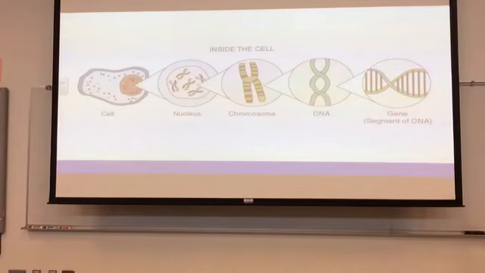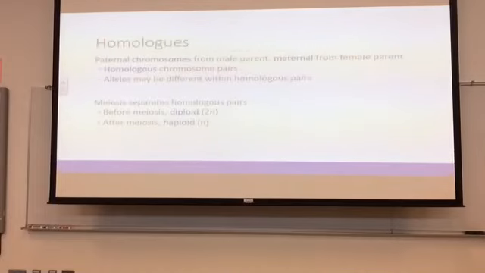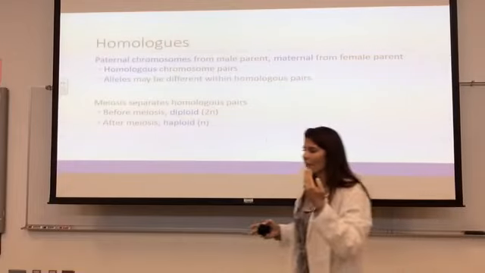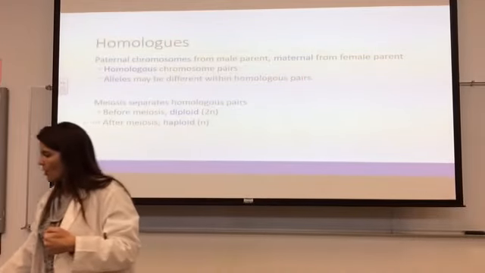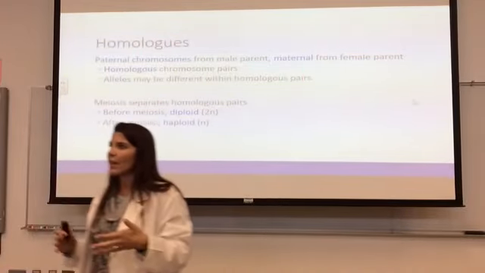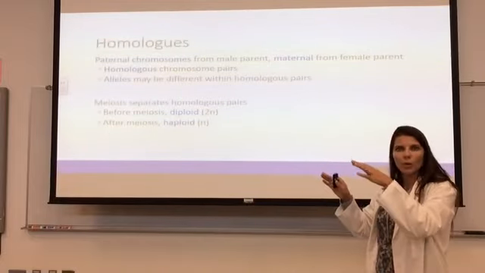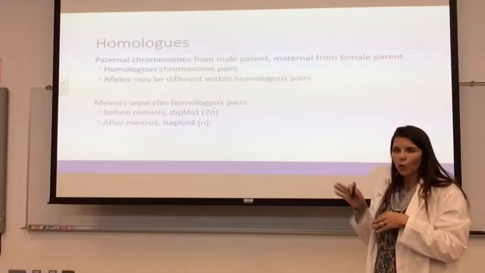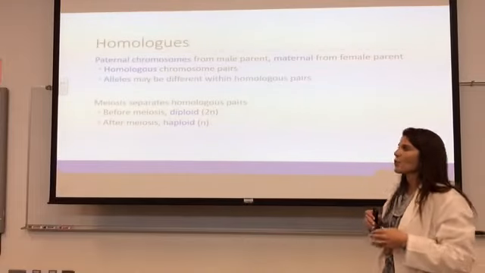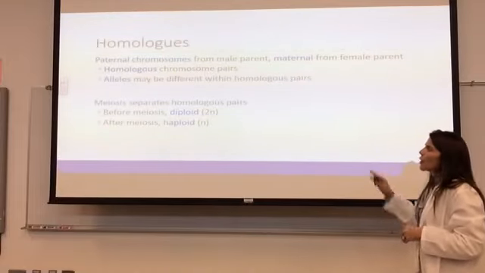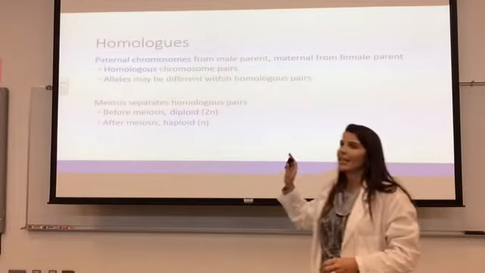Anyone need clarification there? Homologous. You already know homologous means I have the same chromosome, just from a different source. So like chromosome 1 from mom, chromosome 1 from dad. Chromosome 2 from mom, 2 from dad, and so on. The term here I really want to hone in on is alleles.